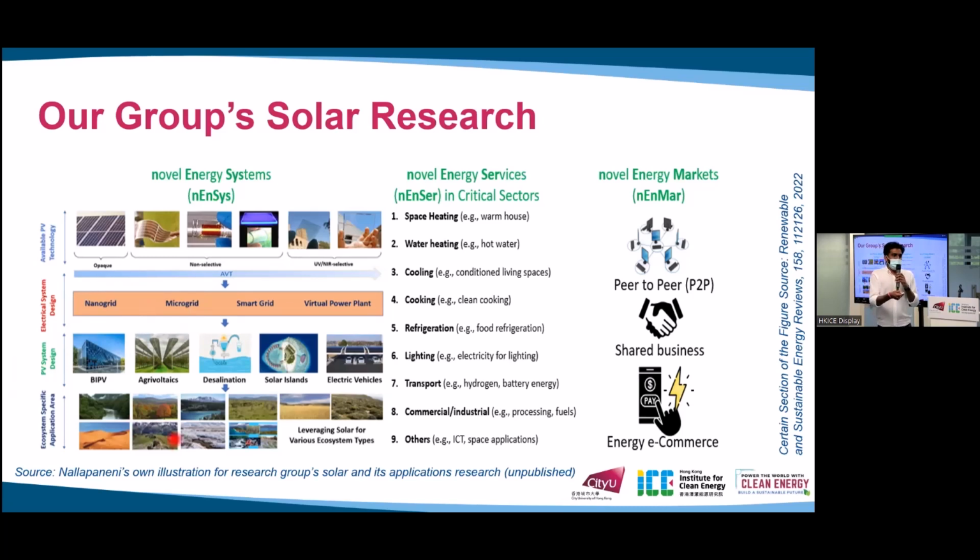And then we create these systems with the existing infrastructure and for different applications. Maybe BIPV is one, agrivoltaics is one, and we also cover powering desalination, then solar islands, and then electric vehicles. And what we do is, once we create these systems, we test them in different ecosystems, because a BIPV system in a tropical climate and a BIPV system in colder climates would not perform the same way.